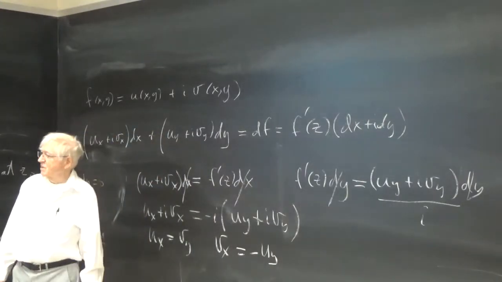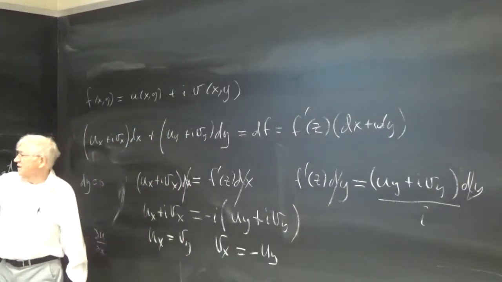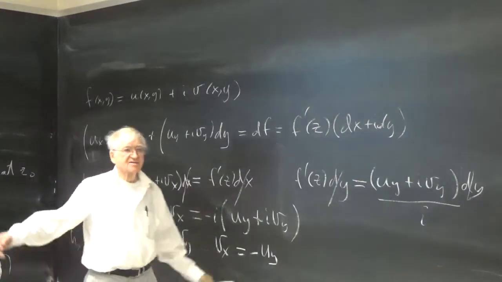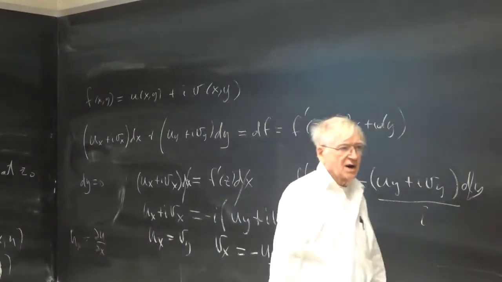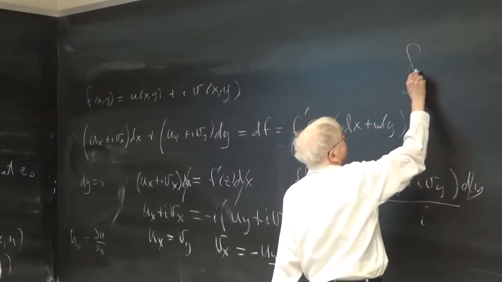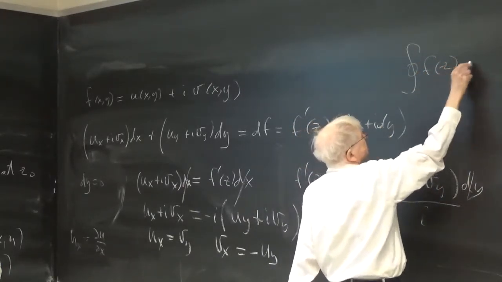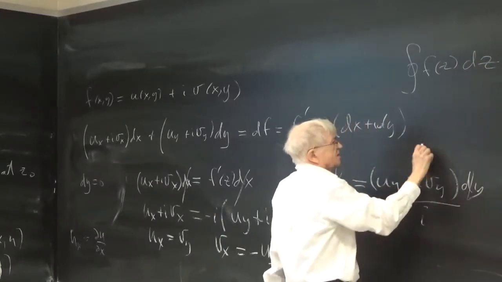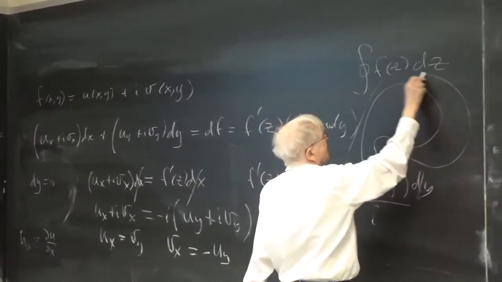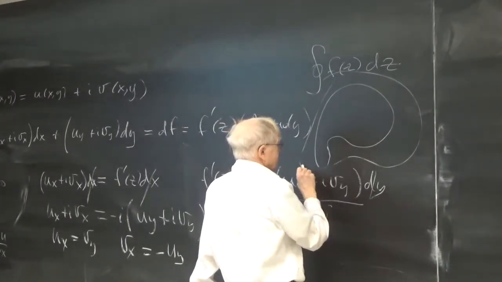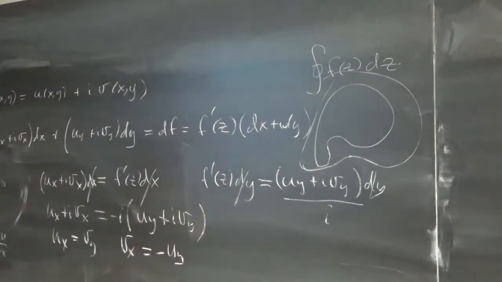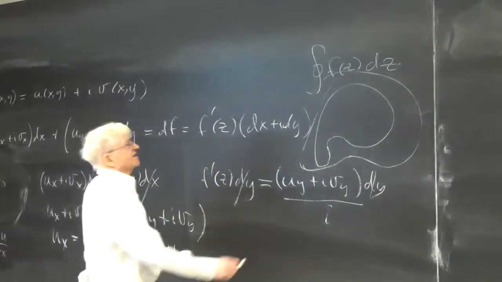The remarkable thing about complex variable theory is you have a simple definition, you have an immediate consequence, and then of these two results we can derive a rather remarkable theorem, which is that the closed integral of an analytic function, in other words, an integral that goes back to where it started, as long as it's totally inside a space in which the function f of z is analytic, then this vanishes.